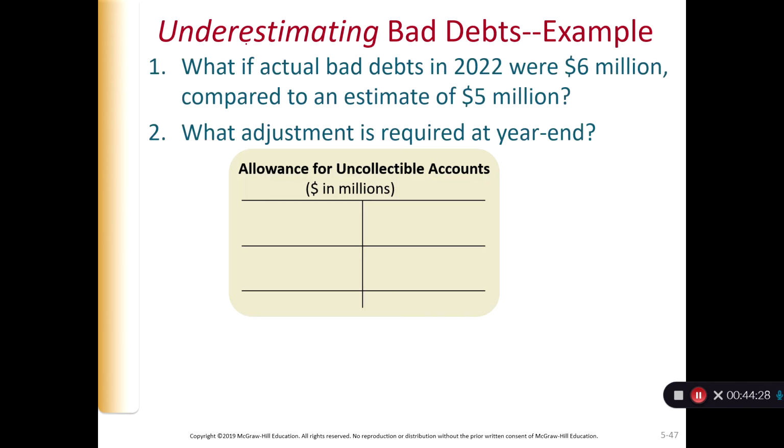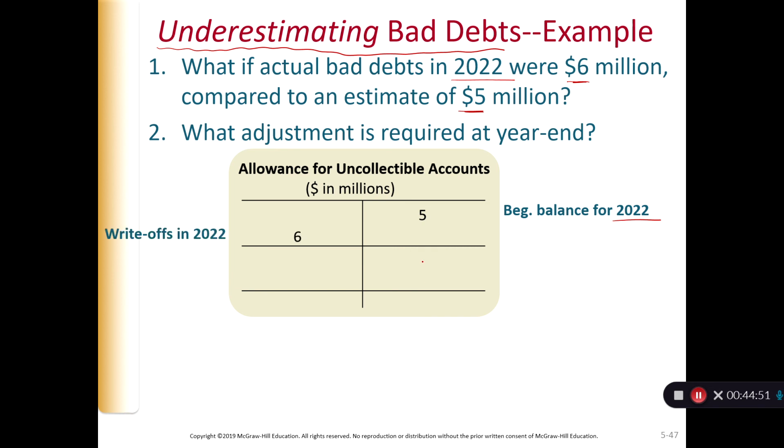So what happens if we're underestimating the bad debts? For example, what if the actual bad debts in 2022 were 6 million compared to an estimate of 5 million? At the beginning of 2022, we said we have 5 million of uncollectibles. However, during 2022, we actually write off 6 million.